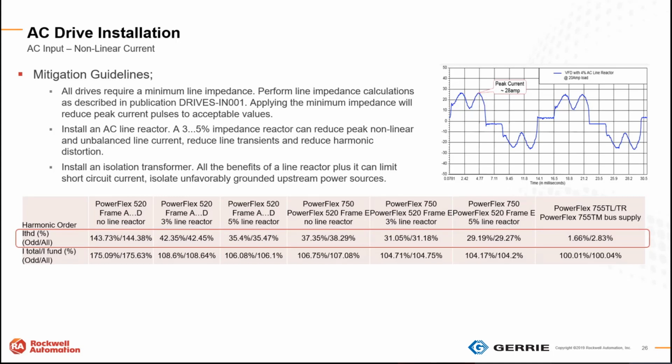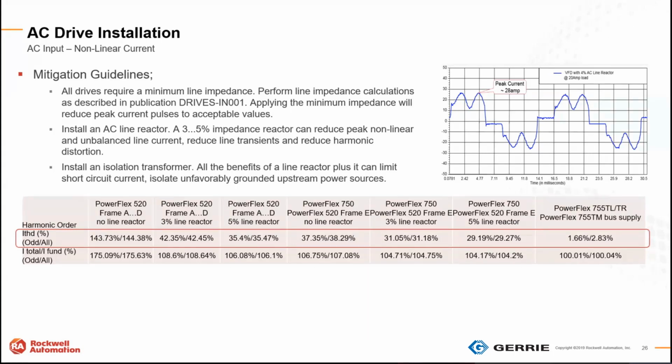But as we add line reactors into this, we clean that up quite a bit. So we're showing 38 down to 29%. I know we're all used to hearing that IEEE 519 wants 5% at the point of common coupling, and that's at the point of segregation where Ontario Hydro comes into our facility. The 29% current harmonic distortion at the input terminals of a drive isn't that bad actually.